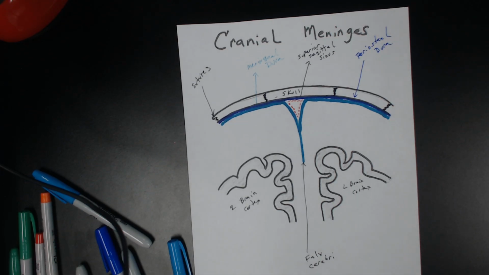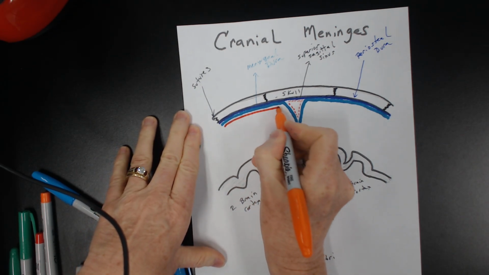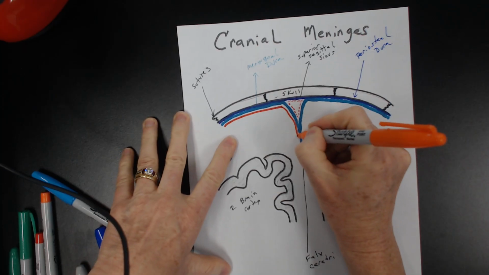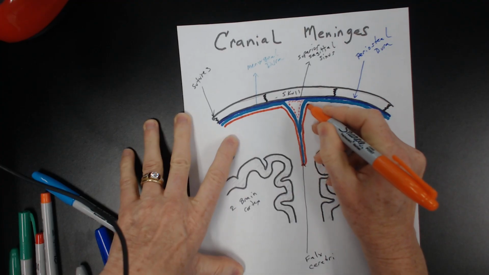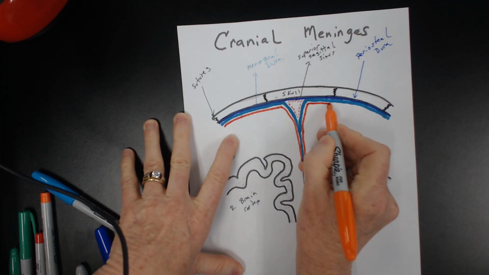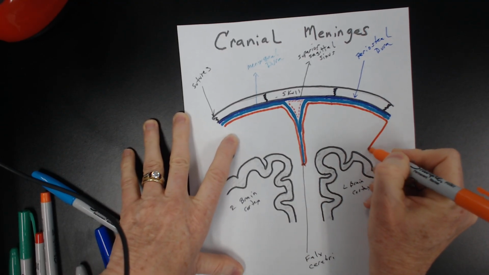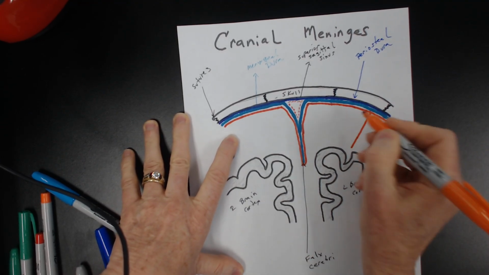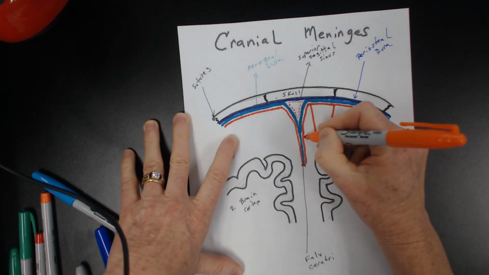Okay. Right under your dura mater, does anybody remember the next layer of matter? Spider? Arachnoid matter. Arachnoid matter is going to be right under your dura mater. And the arachnoid matter had those trabeculae sticking out of it to help maintain that physical space known as the subarachnoid space between the arachnoid matter and pia mater.